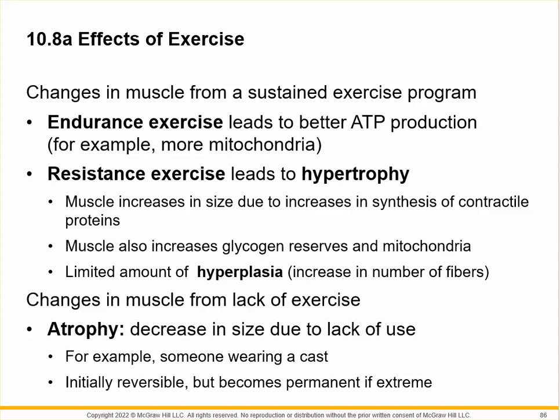So these are the things that require endurance. And endurance requires more ATP, and more ATP really means more mitochondria, more myoglobin. We get endurance mostly from the slow oxidative fibers.